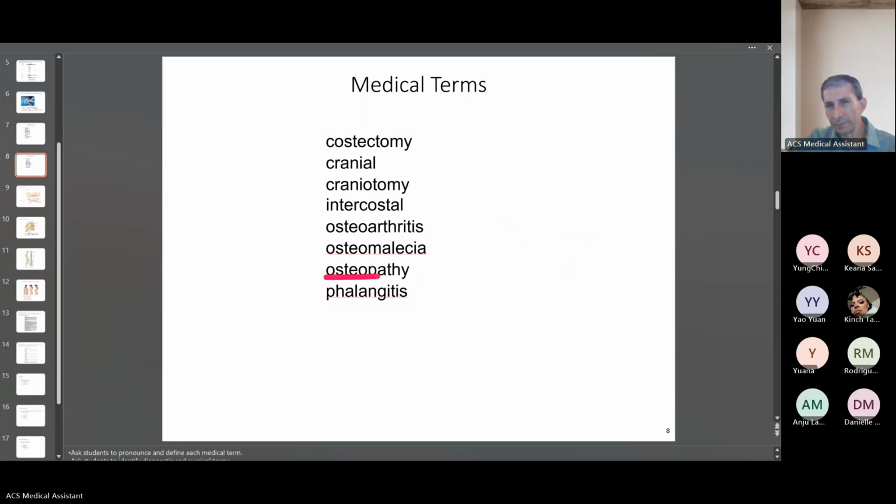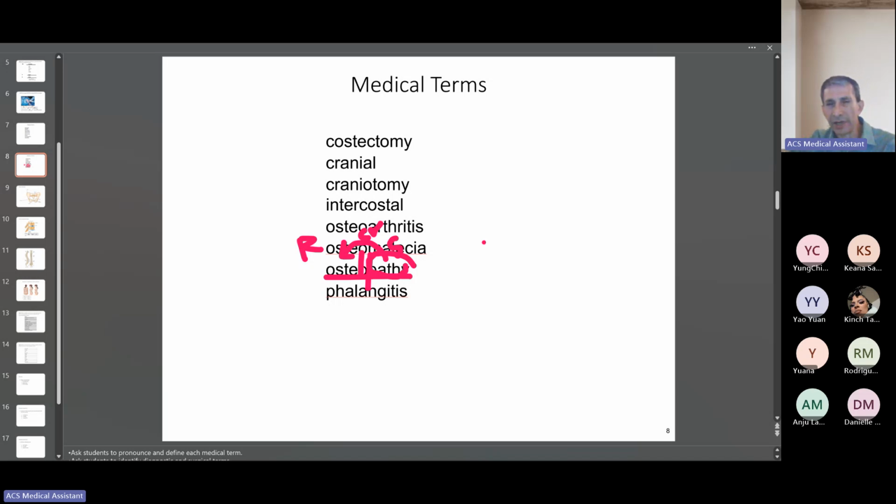Osteopathy. Pathy is the suffix, means disease. O is the combining vowel. Oste is the word root that means bone. This is a bone disease. So with certain medical terms we can use the word root first and pronounce it.